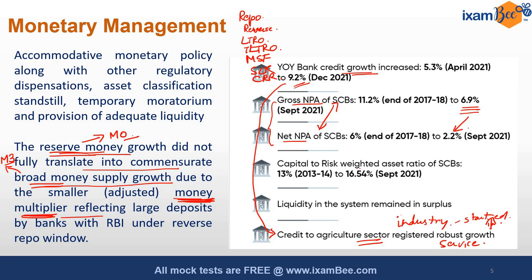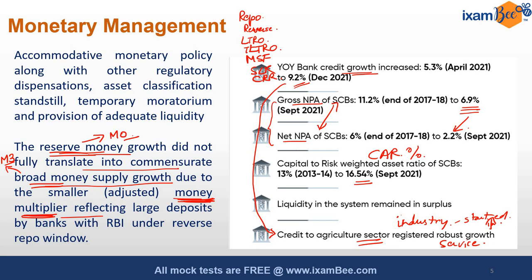Then the capital to risk weighted assets ratio, more commonly known as the CAR ratio, this percentage has improved, right? Going up is good. It is the amount of capital that the banks have against their risk assets, right?